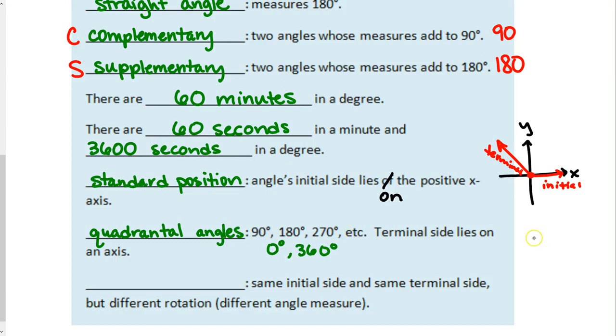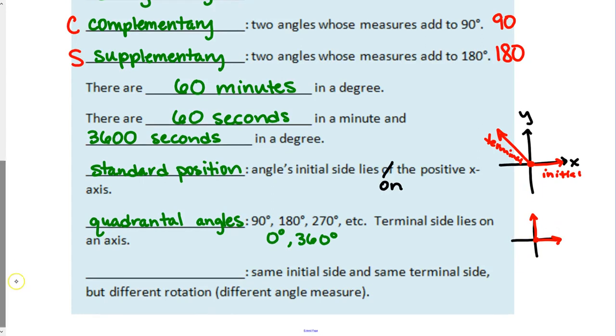So if you were to put a quadrantal angle in standard position, here's the initial side. Every multiple of 90 is going to put the terminal side on an axis. So this would be 90 degrees, for example. So basically, these are the quadrant lines. So we call them quadrantal angles.